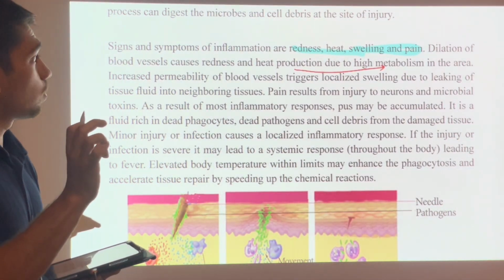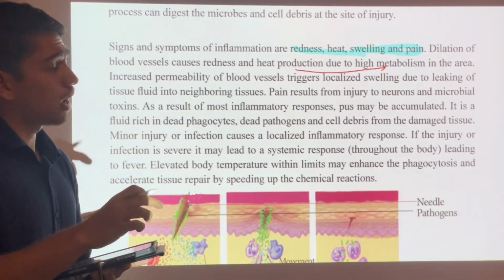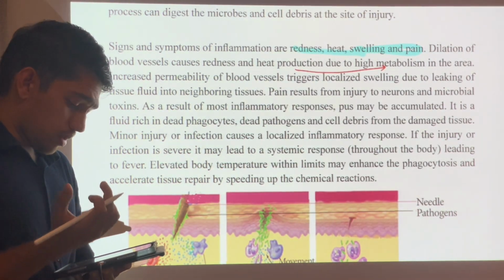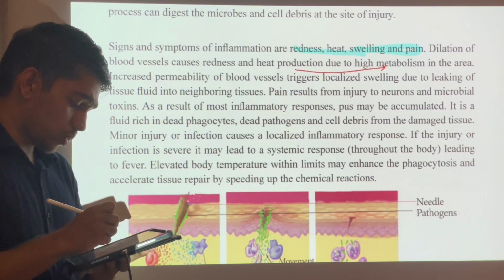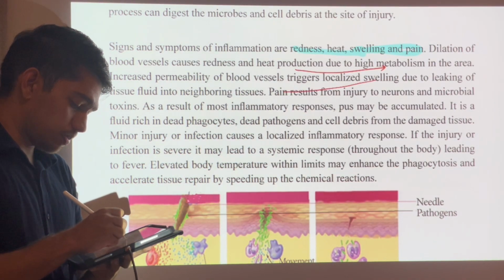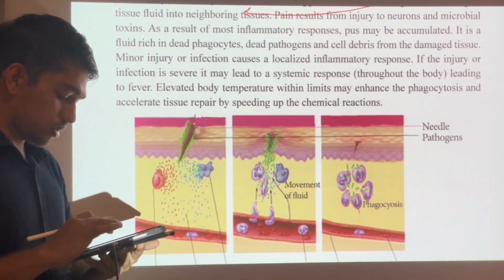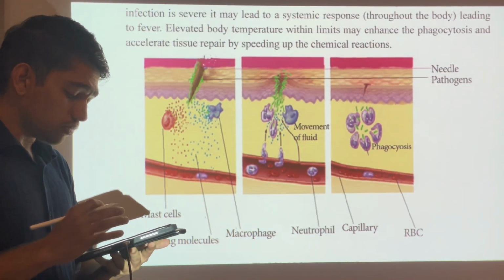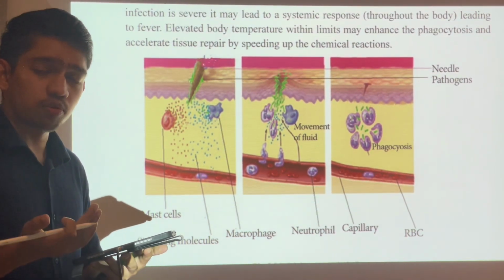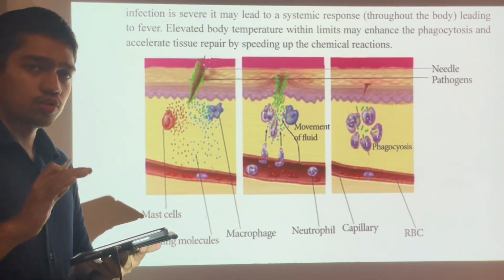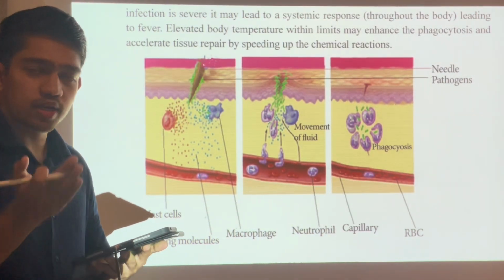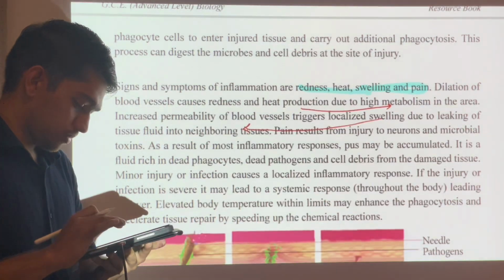You have to know the feature or the sign and then the reason. Then what is causing the swelling? Swelling is caused by increased permeability of blood vessels, right? Increased permeability means there is a lot of fluid leaking from the blood capillaries. So there's going to be fluid accumulation in that inflammatory site, right?